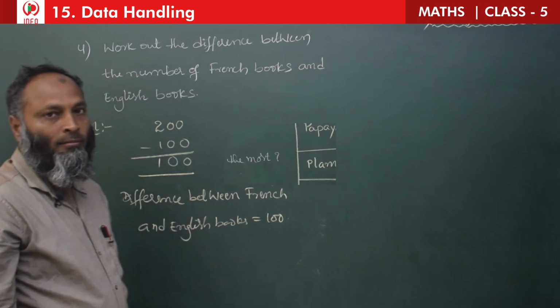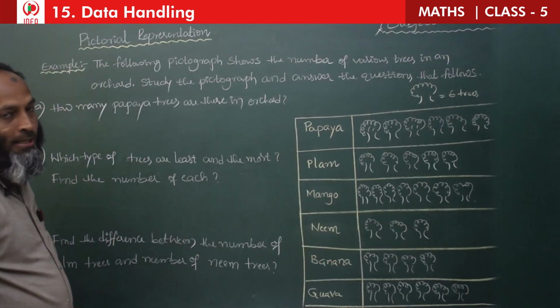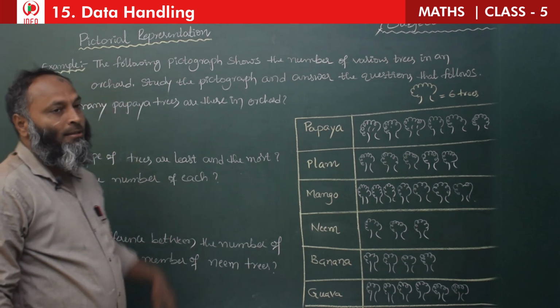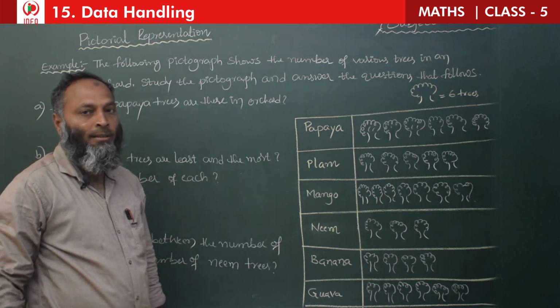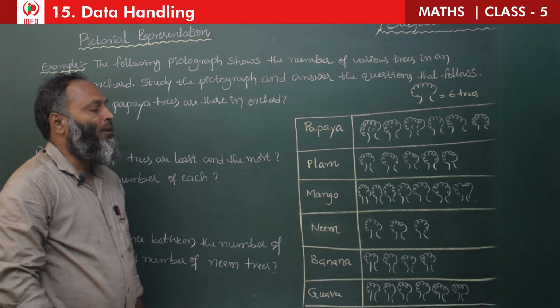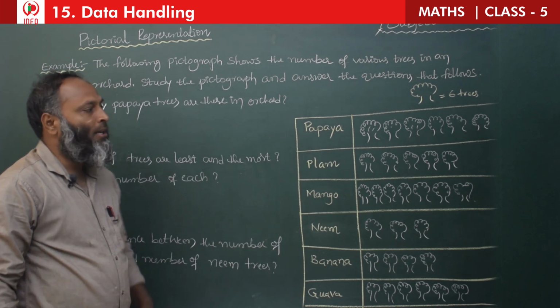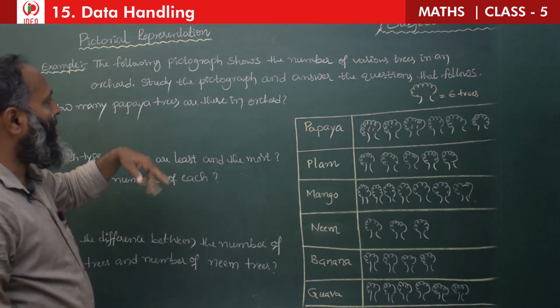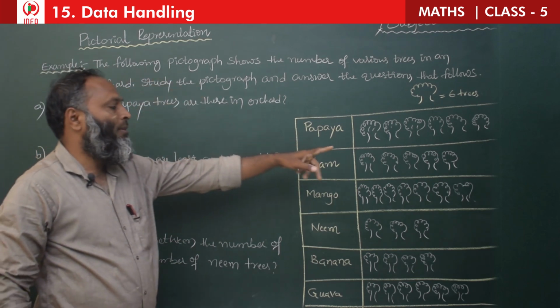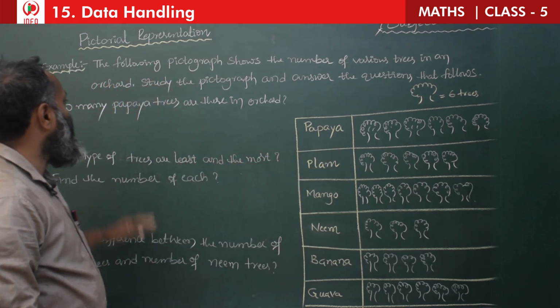Okay. Now the next concept: questions based on pictorial representation. So using pictures, how to represent data. Here in the question, the following pictograph shows the number of various trees in an orchard.